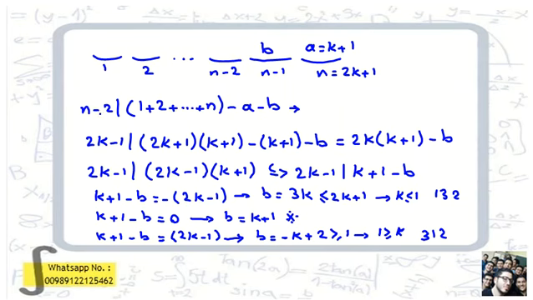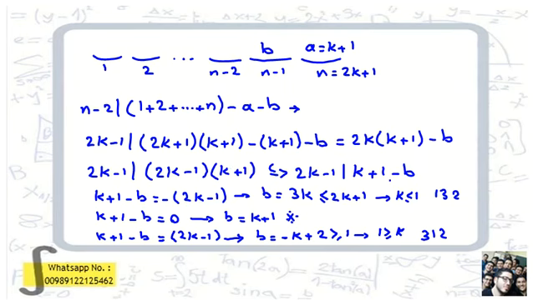So if you replace n with 2k plus 1, 2k minus 1 divides the sum 1 to n, which is (2k plus 1) times (k plus 1), n times (n plus 1) over 2, minus a. We proved that a equals k plus 1, minus b. And if you factor out k plus 1, it would be 2k times (k plus 1) minus b. And we know that 2k minus 1 divides (2k minus 1) times (k plus 1). If you subtract these two terms, we would conclude that 2k minus 1 divides the first thing minus this thing, which would be k plus 1 minus b.